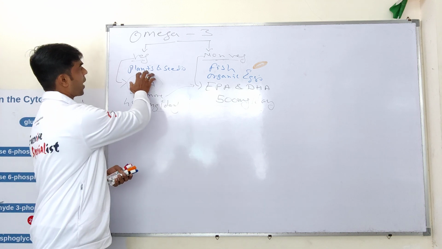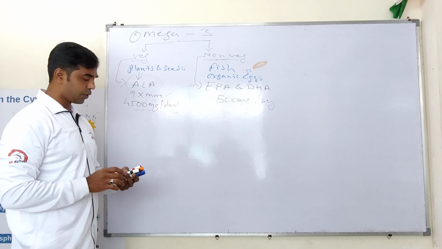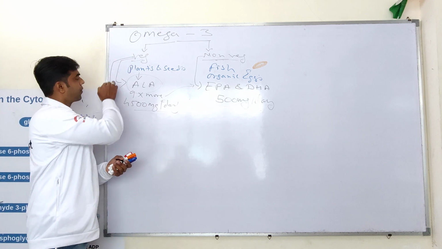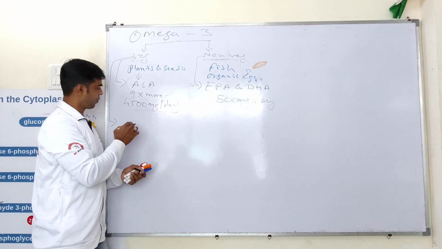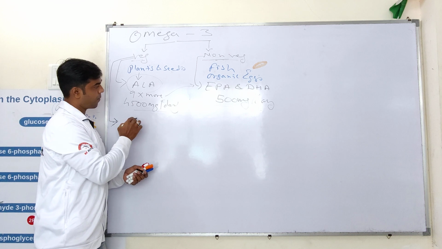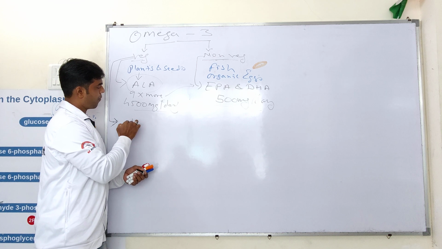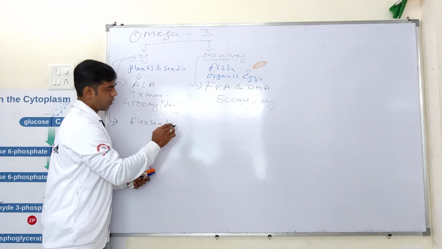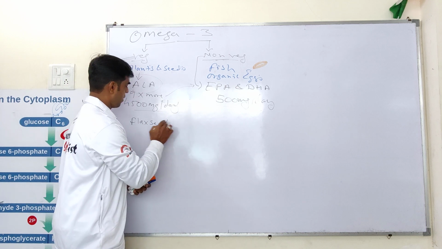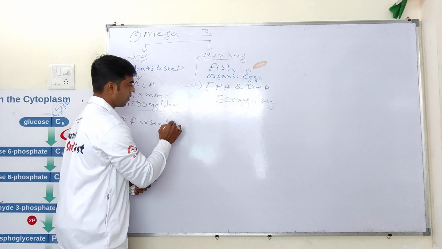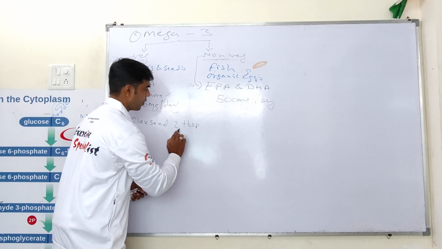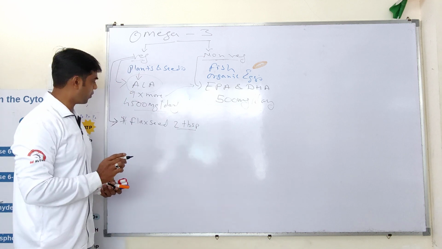Okay, now as I mentioned, plants and seeds, right? So vegans will get it from flaxseed, right? 2 tablespoons. I am mentioning tablespoon here.